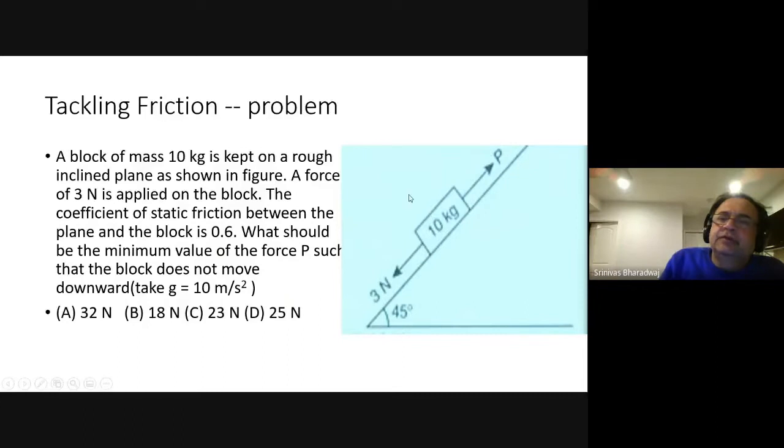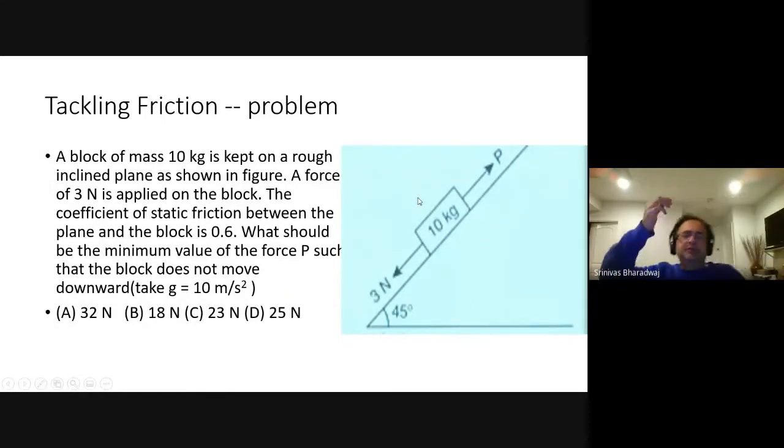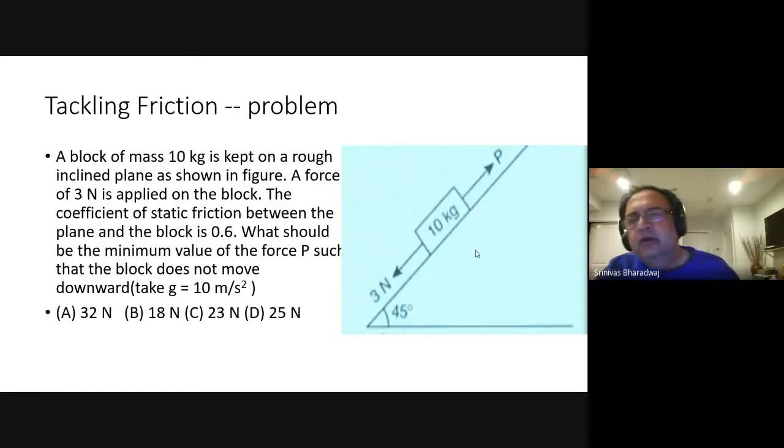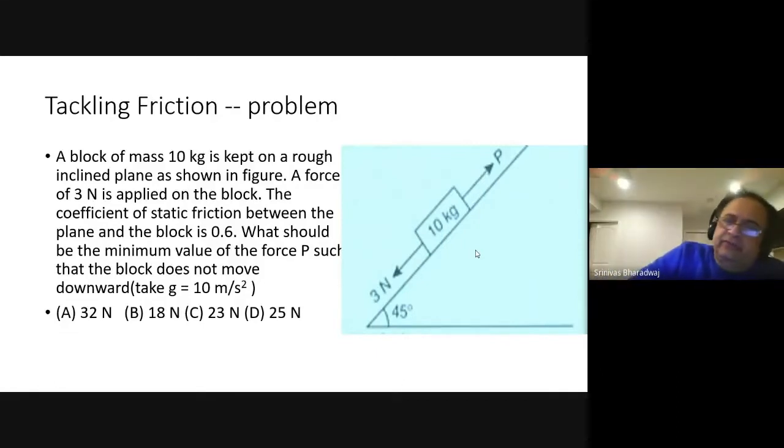Typically in most inclined plane problems, as a rule, you componentize along the plane and normal to the plane. Now normal to the plane, there is what? N and mg cos 45. N equals mg cos 45.